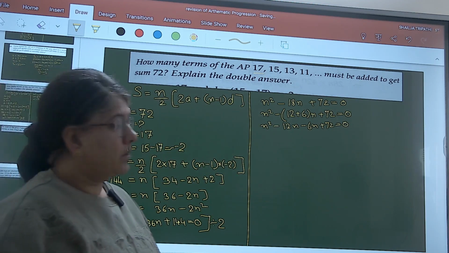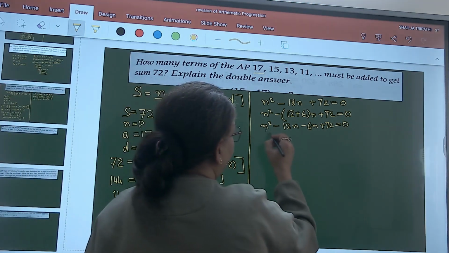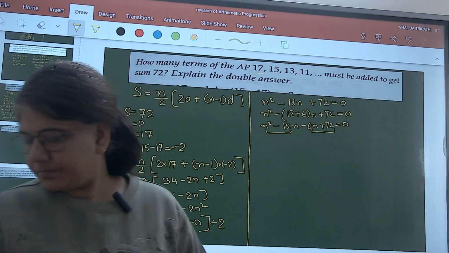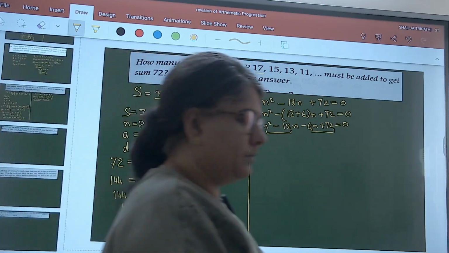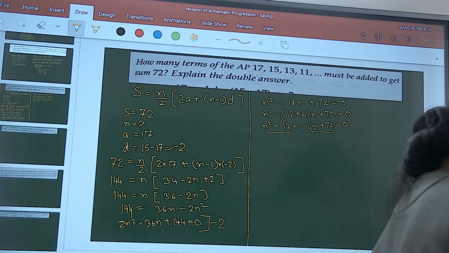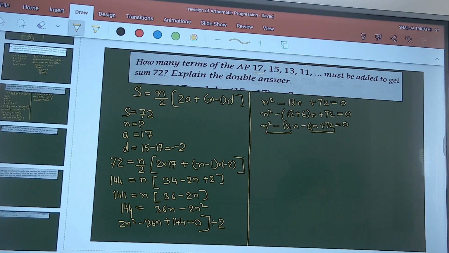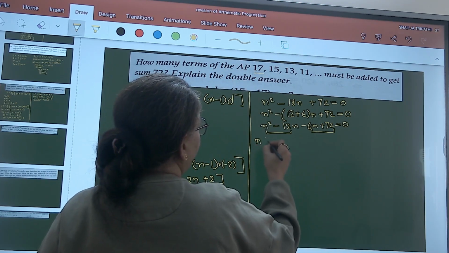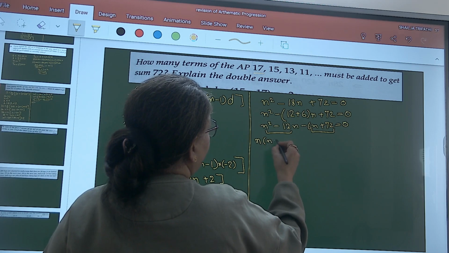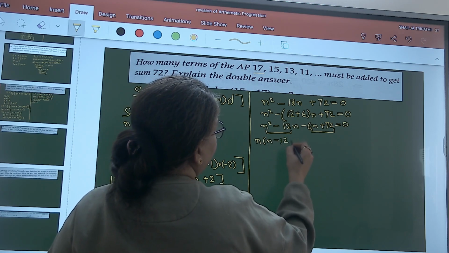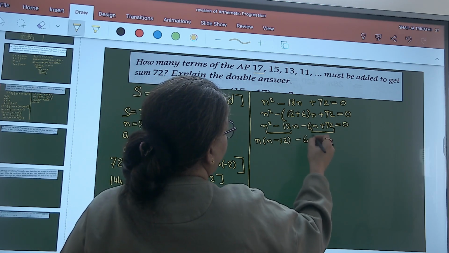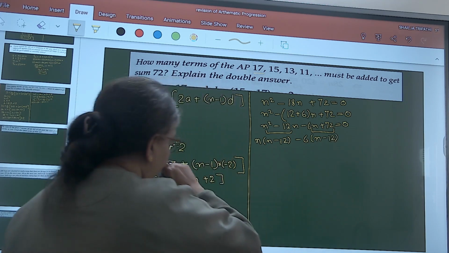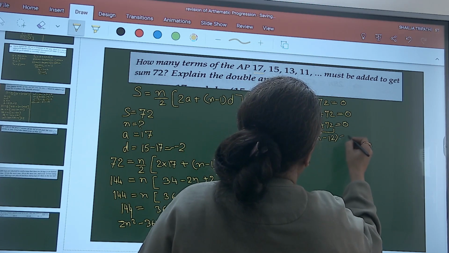Now the easy part, let's regroup. Regrouping will begin here. Take out n common. What we get? n into n minus 12, and here we get minus 6 into n minus 12, is equal to 0.